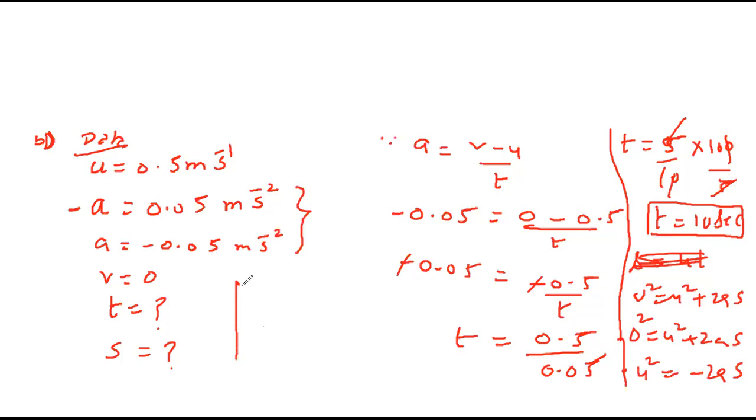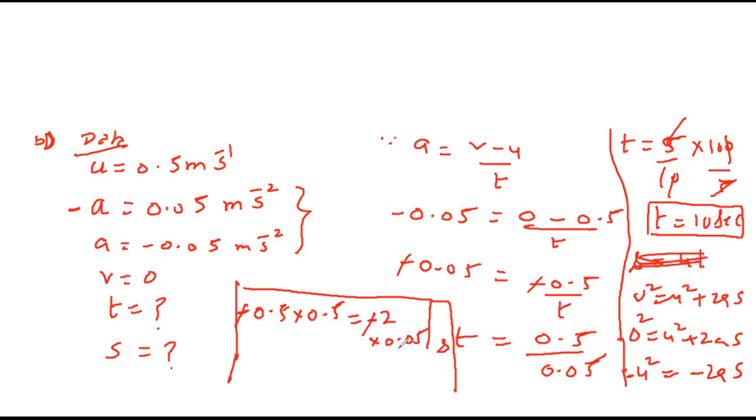Now here I am solving. u square means 0.5 into 0.5 equals minus 2 into minus 0.05 into s. Minus minus cancel. So we get distance s.